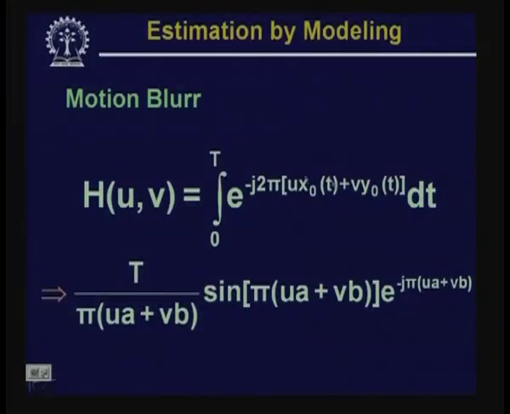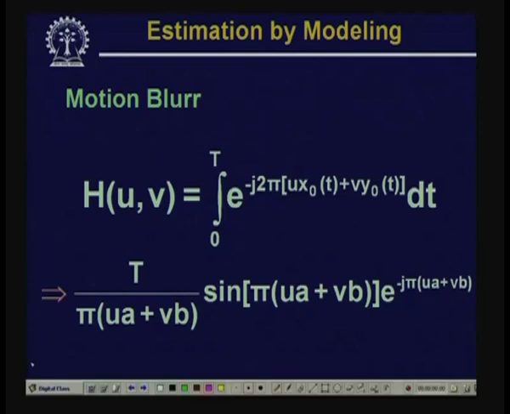Using that concept, we got a mathematical model for motion blur, which in our last class we derived as H(u,v) equal to the integral from 0 to T of e^(-j2π(u x0(t) + v y0(t))) dt, where x0(t) indicates movement along the x direction and y0(t) indicates movement along the y direction.